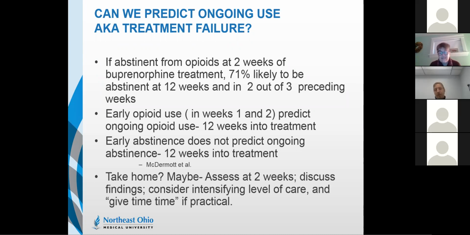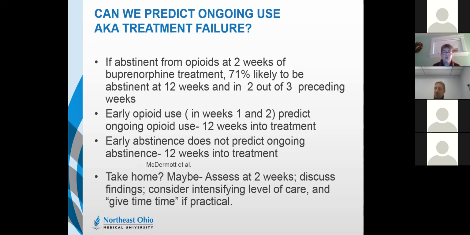So in this study, they looked at a good number of patients to see who was opioid abstinent early in treatment. And here's what they found: if people got onto a reasonable dose of buprenorphine and they were abstinent from opioids at their second week, about 2/3 of those were likely to be abstinent still at 12 weeks and in 2 of the 3 preceding weeks.